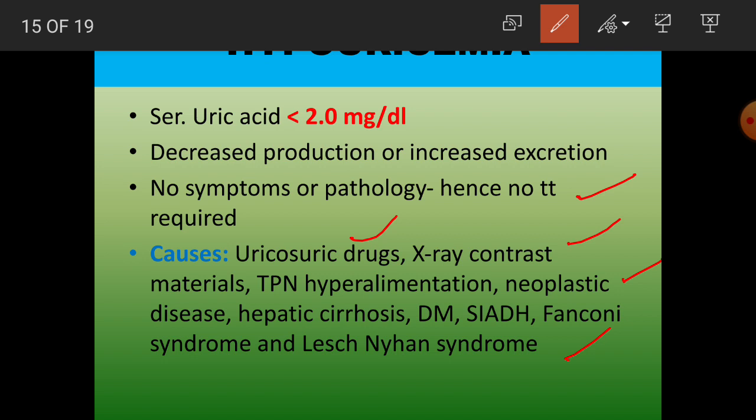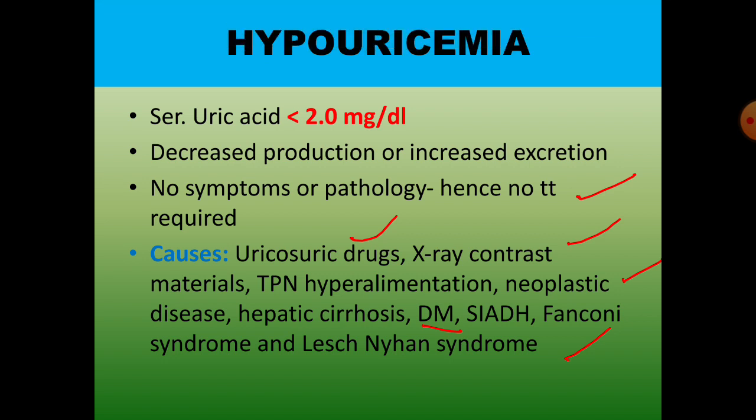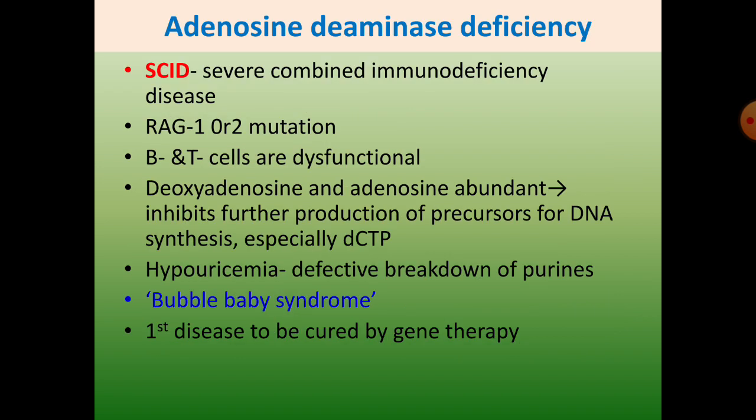So hyperuricemia is seen in diabetes mellitus, but at a certain stage it also leads to hypouricemia. It all depends, so you have to have a clear concept of all these basics, so that when you treat your patients, you remember all this and treat accordingly.